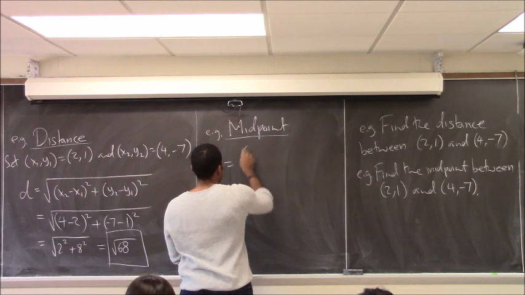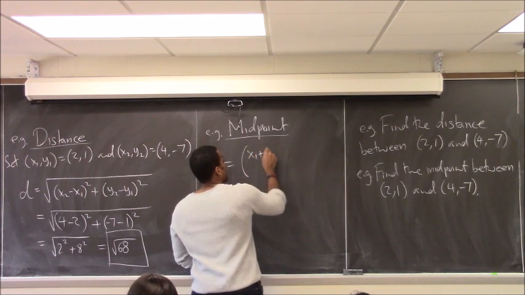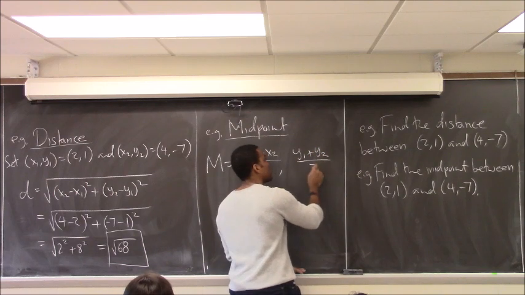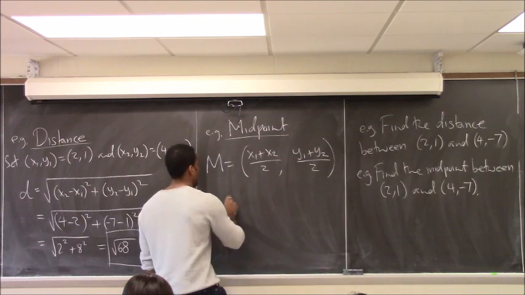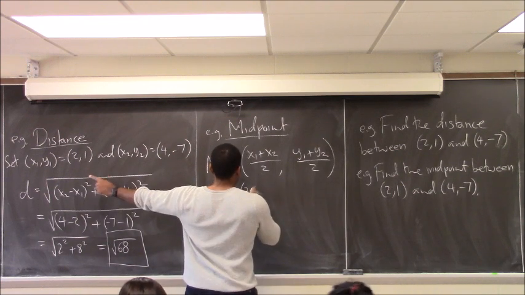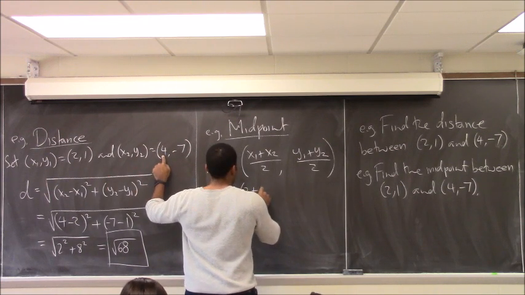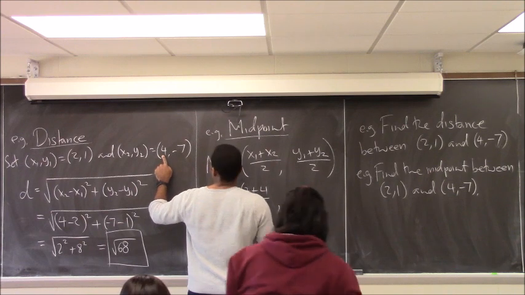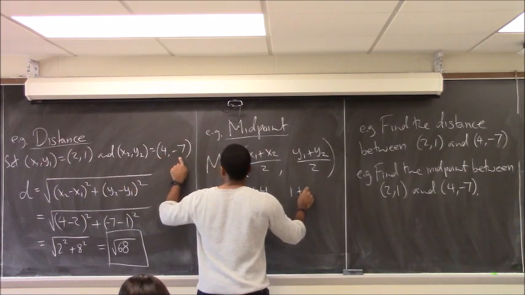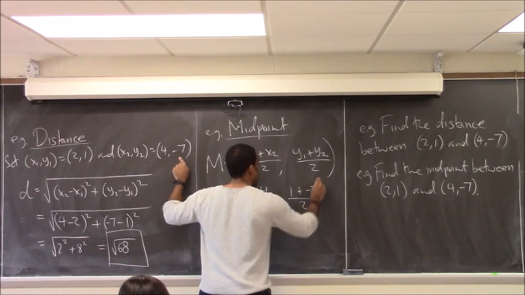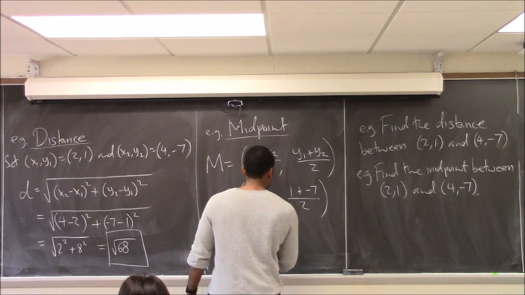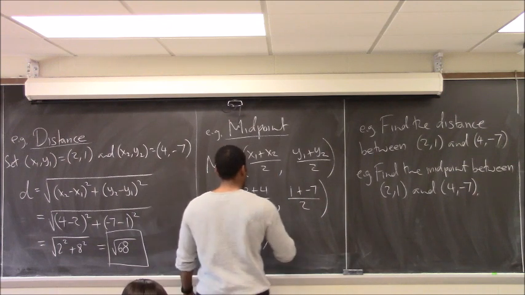The midpoint is going to be x1 plus x2 over 2, y1 plus y2 over 2. x1 is 2, x2 is 4, y1 is 1, y2 is minus 7. That's going to be 6 over 2, which is 3. It's going to be minus 6 over 2, which is minus 3.